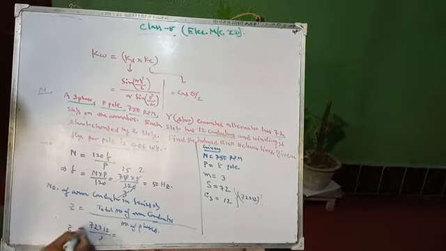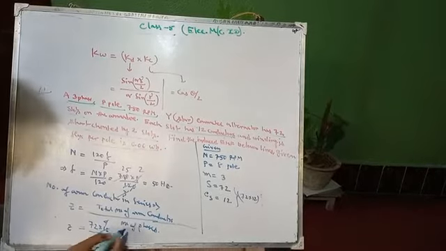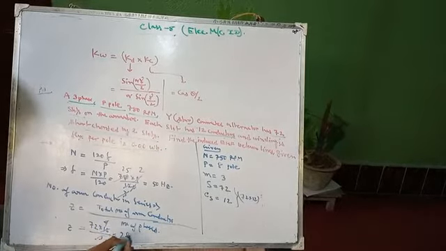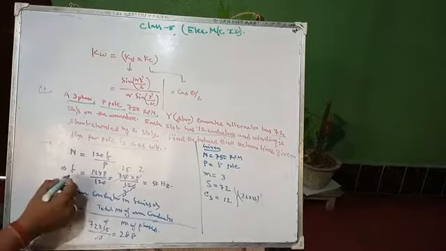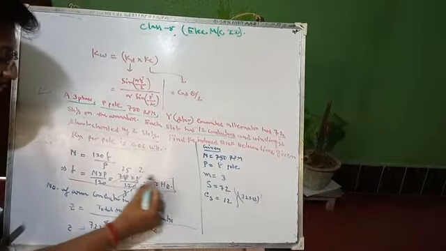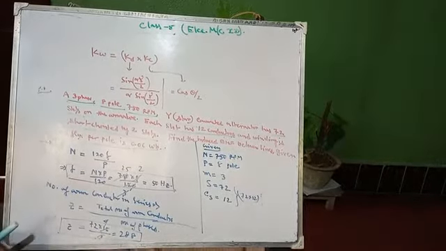By calculating we get 288. So now you have two pieces of information: F equals 50 hertz and Z equals 288 conductors.